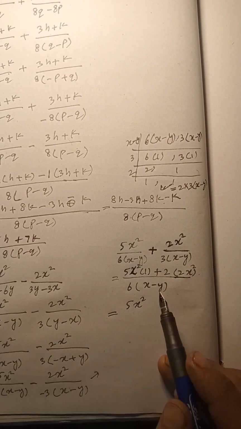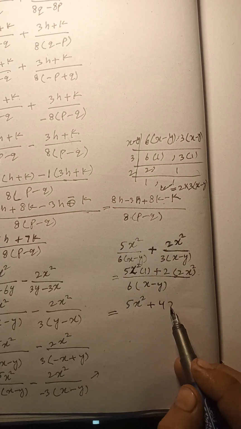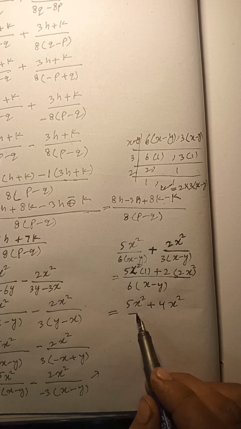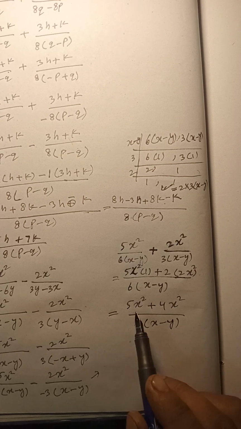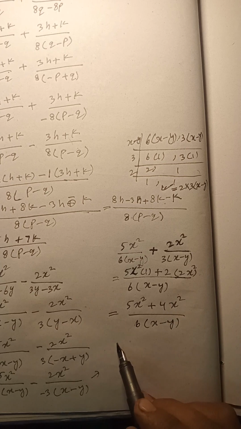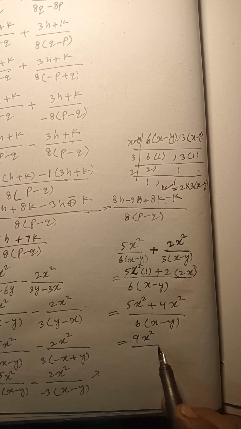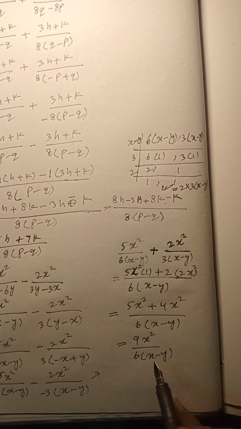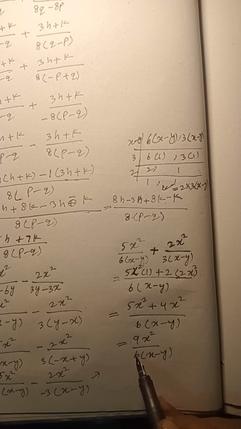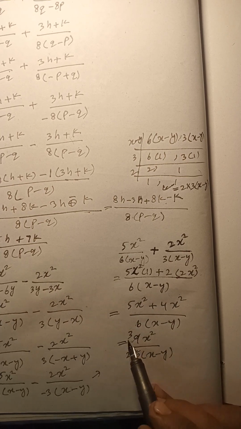5x square when multiplied by 1, answer is same, and 2 2s are 4, 4x square here over 6 into x minus y. Now 5x and 4x makes 9x square, and 6 into x minus y. You can cancel out these two. 3 2s are 6 and 3 3s are 9.